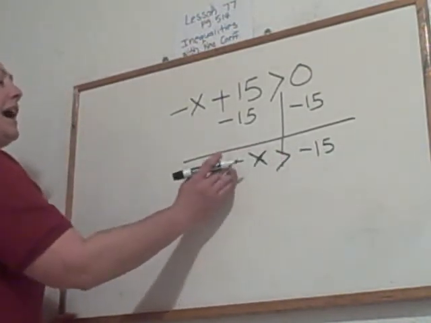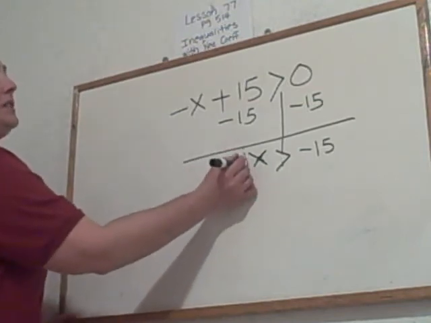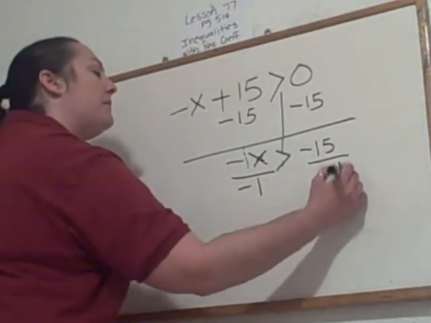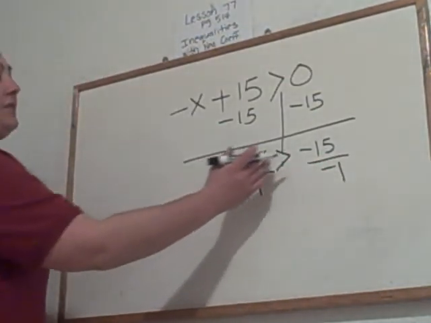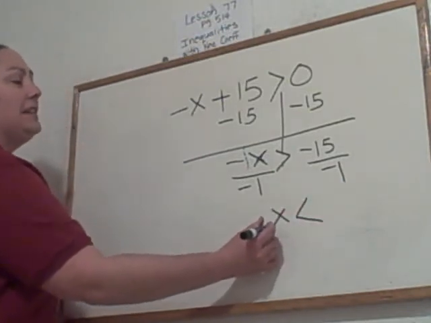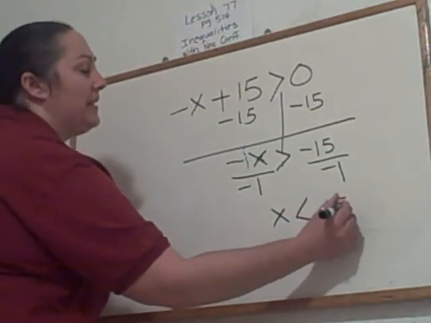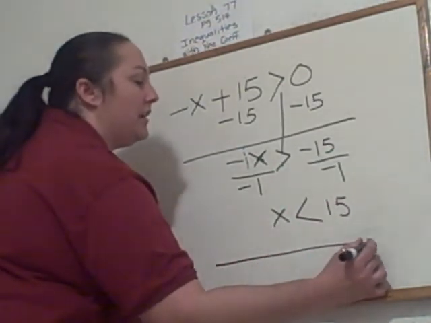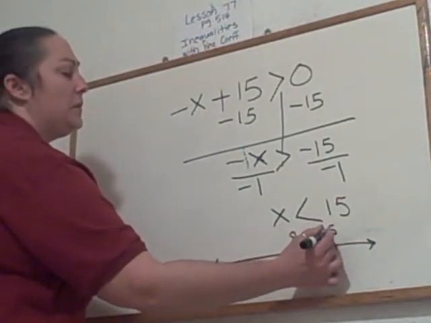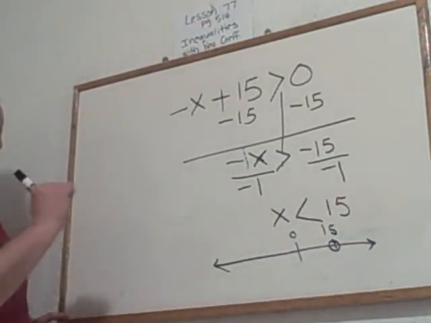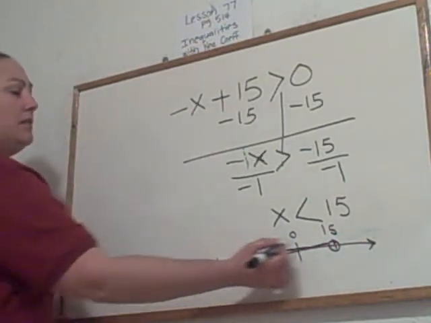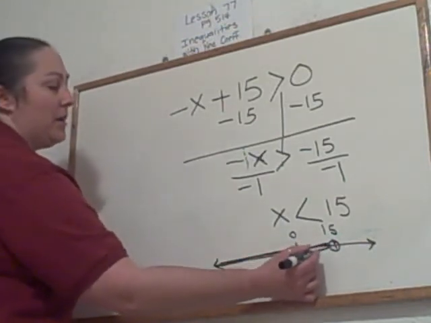I get rid of the negative by remembering that there's an invisible 1 sitting there, and I would have to divide both sides by negative 1. Remembering the rule, when I divide by a negative number, it flips the symbol, and I then have x is less than positive 15. Graphing that on a number line, I would start at 0. 15 would get a circle that is not colored in. X is smaller than 15, so the number line would be shaded on this side of my number 15.